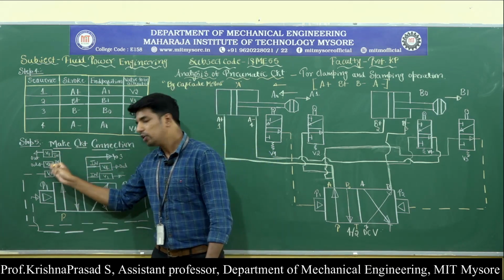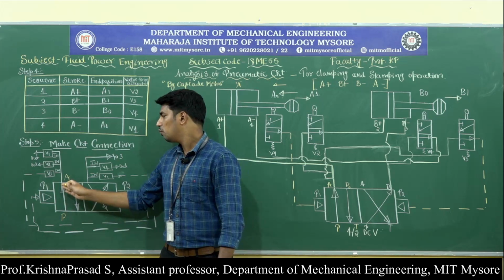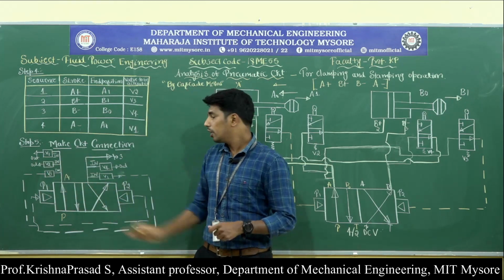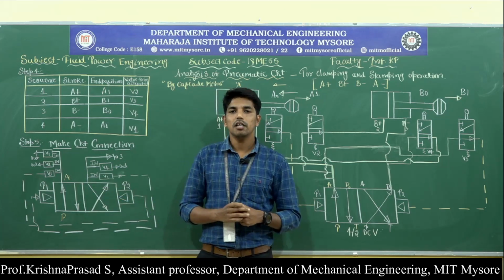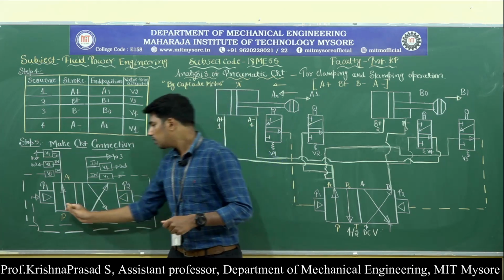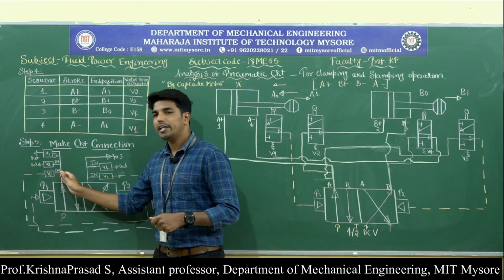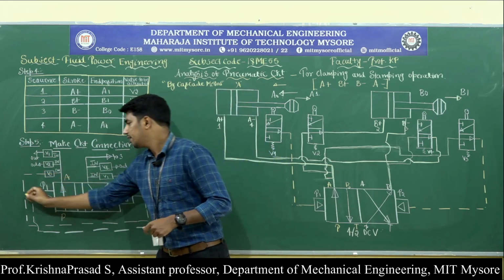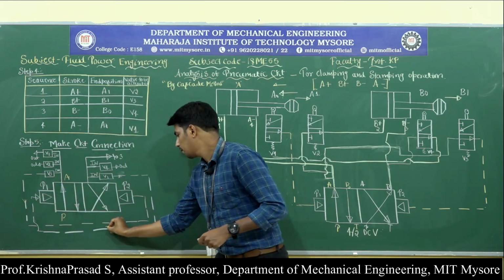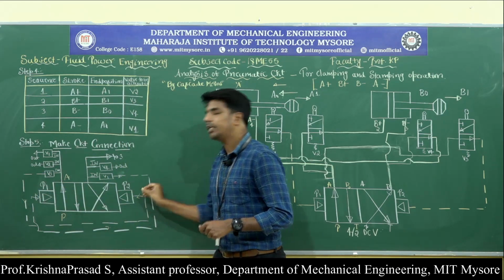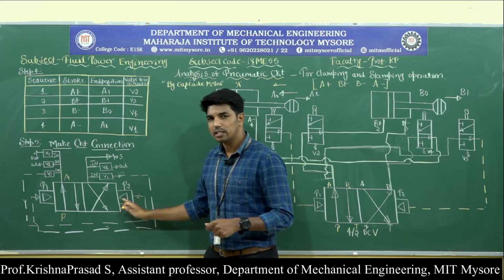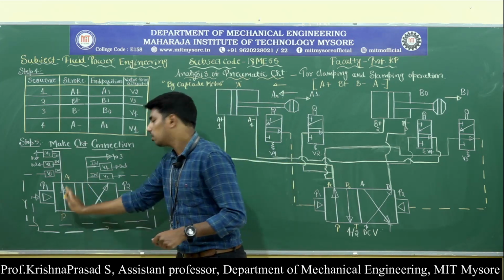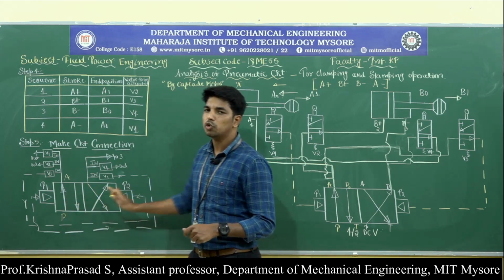Similarly, when valve V2 is activated, pressurized air flows from the V2 input to the V2 output. But in order to avoid the signal conflict or signal overlap problem, the pressurized air from the V3 input does not enter the V3 output. Instead, it enters the pilot signal P2. Once the pilot signal P2 is activated, the signal changes over from the normally open position to the normally closed position.